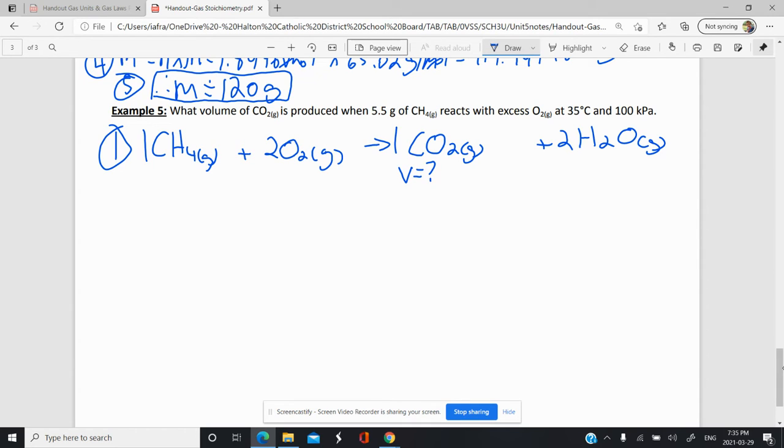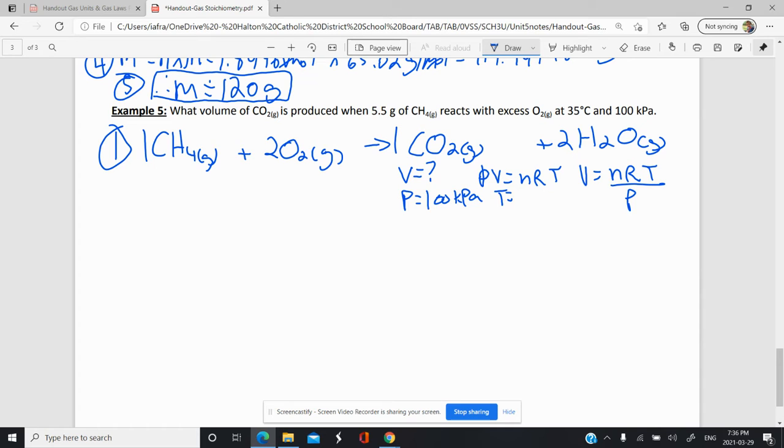And we know that if we have PV equal to nRT, then the volume is going to be nRT over P. Right now we have the pressure, which is equal to 100 kPa. We have the temperature, which is in degrees Celsius right now.